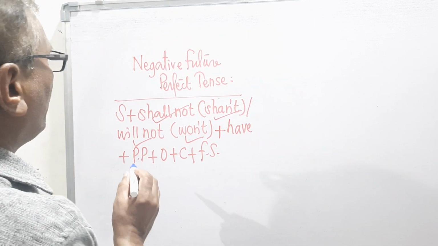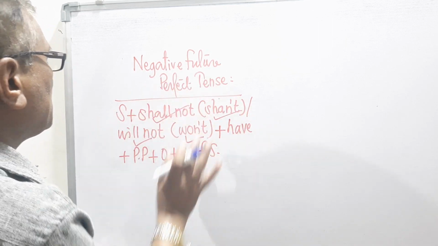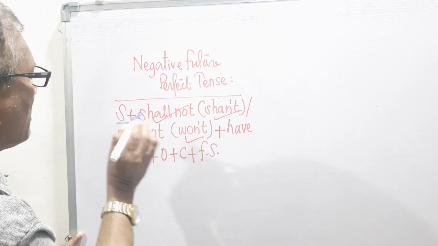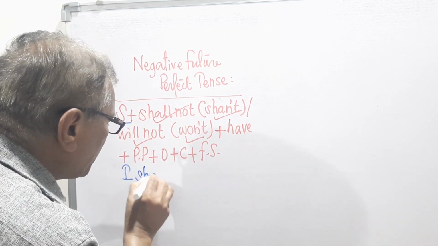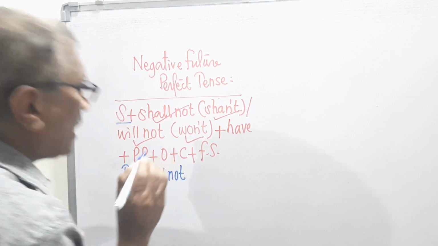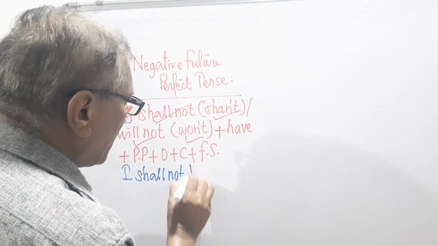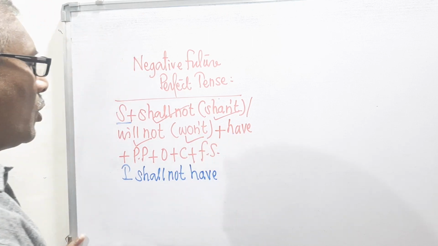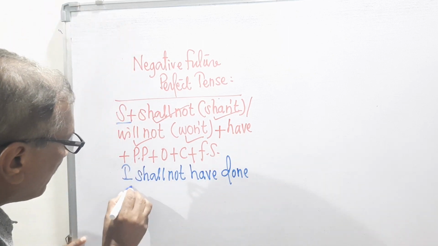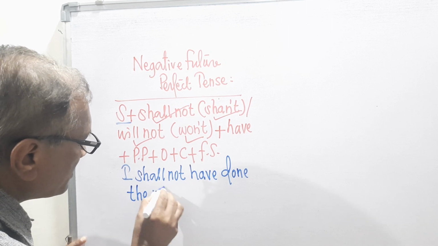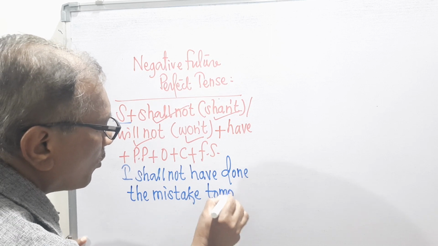Remember, at first we should take the subject. So we will take one negative sentence here. Subject I, then shall not, I shall not have, I shall not have done the mistake tomorrow.